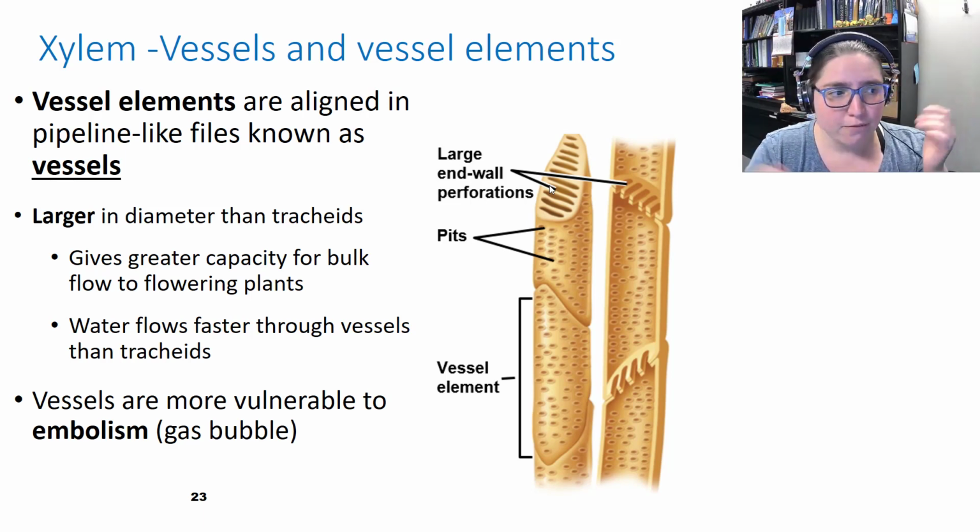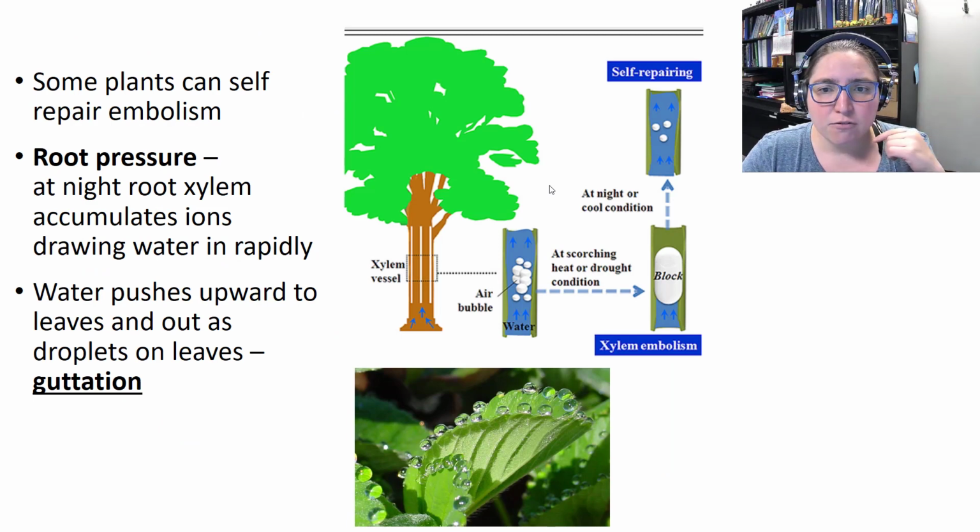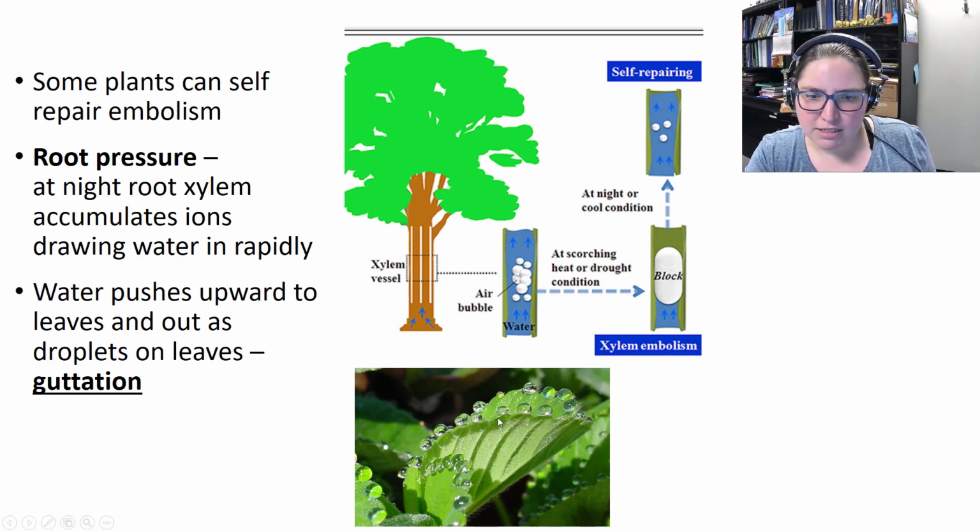And it's also bad for the plants as well if they have an embolism. However, some plants can self-repair if they have an embolism, because they can get enough root pressure to push up this gas bubble, and you can see this with these tiny droplets of water on the leaves, and that's called guttation.